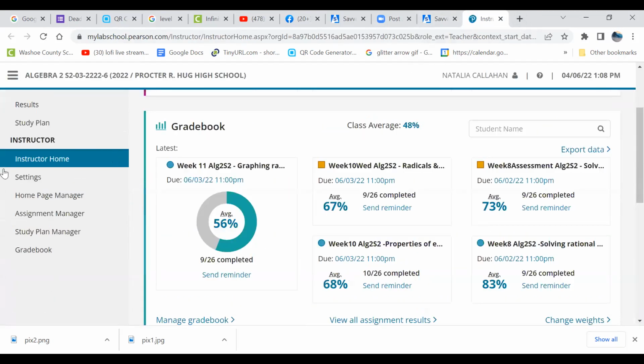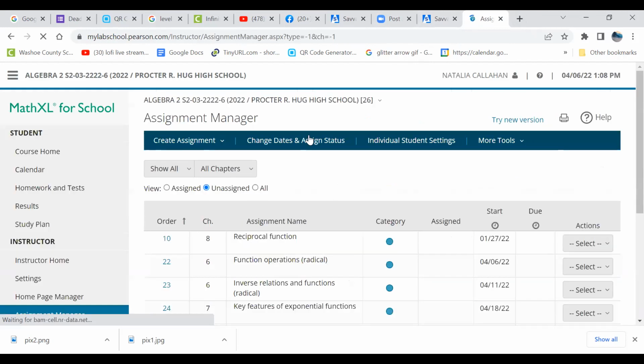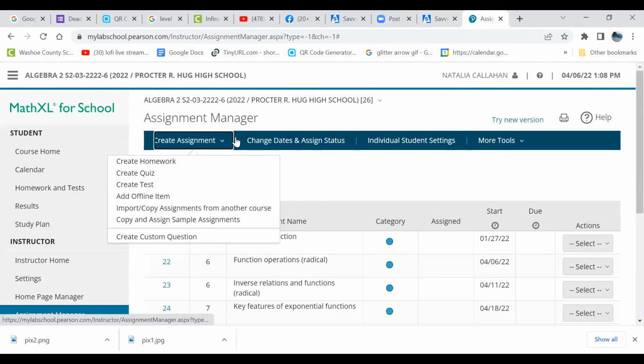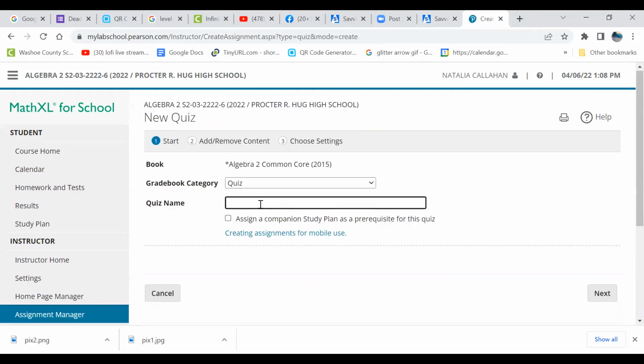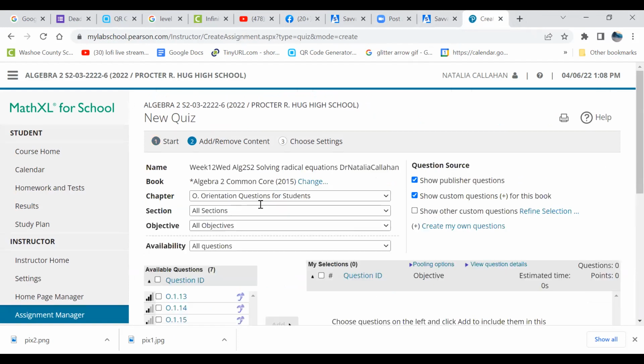Okay, so from here, I'm going to go to my assignment manager, and then we're going to create a quiz. This is going to be titled Week 12, Wednesday, Algebra 2, Semester 2, Solving Radicals. I'll just put radical equations. There we go. Go over to next, and then we're going to look for a radical right here.